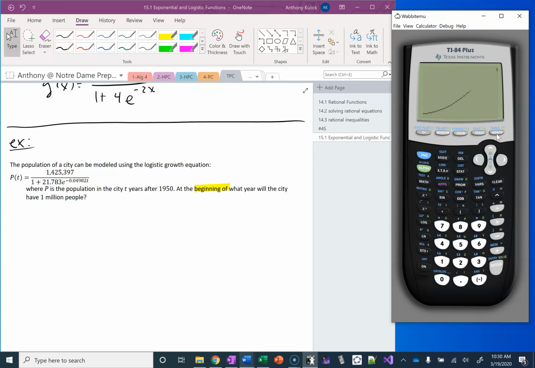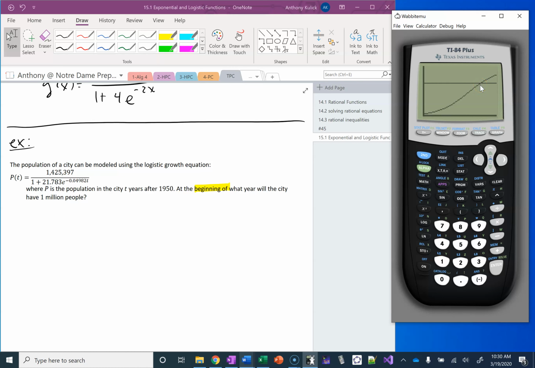Okay, so here is my logistic curve. There's 1 million. And you'll notice that I forgot to turn the axes back on. I'm going to do that real quick before I forget, and get really confused when I try to graph something a little bit later. So there's my axes, there's my logistic curve, there's my 1 million, and there's my intersection.